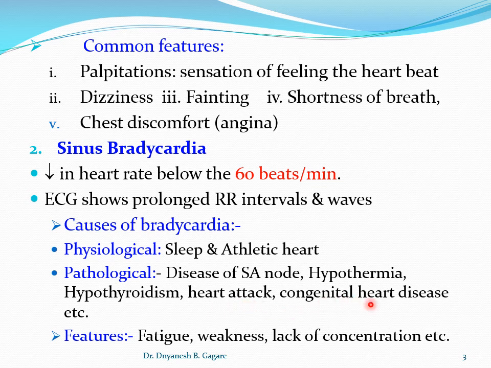Then in congenital heart diseases also, heart rate remains low. So this is bradycardia. Features or symptoms: there is fatigue. In the patient, fatigue is there, weakness is there, lack of concentration sometimes occurs in the bradycardia.